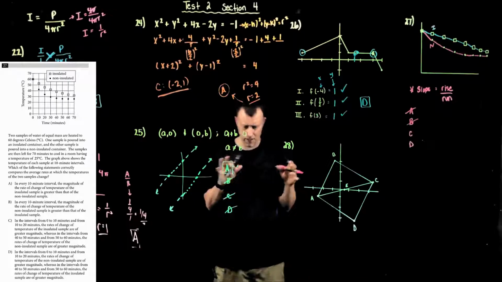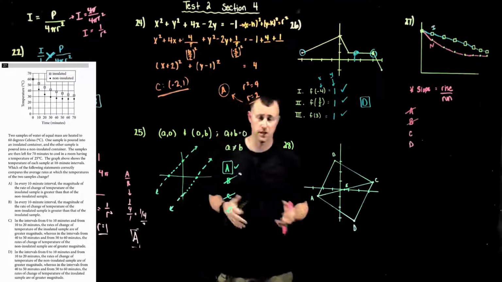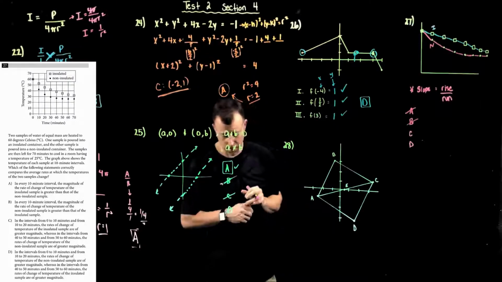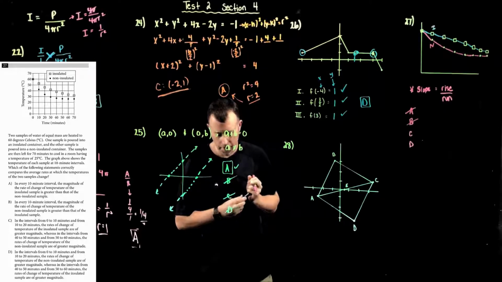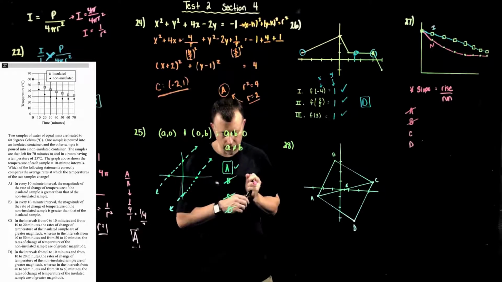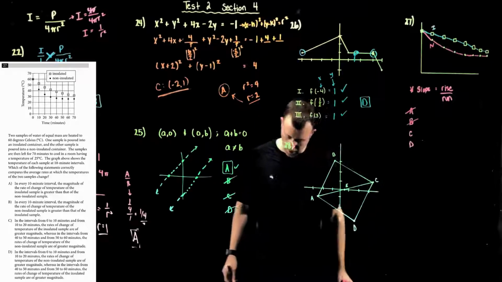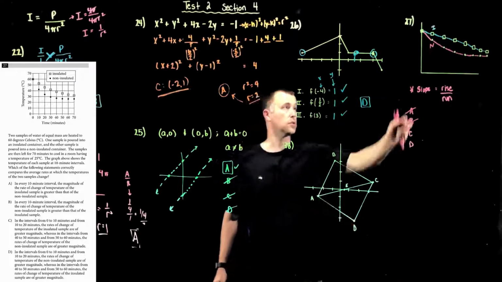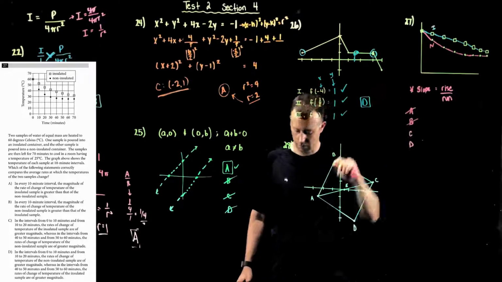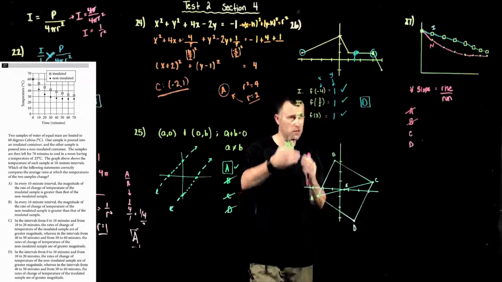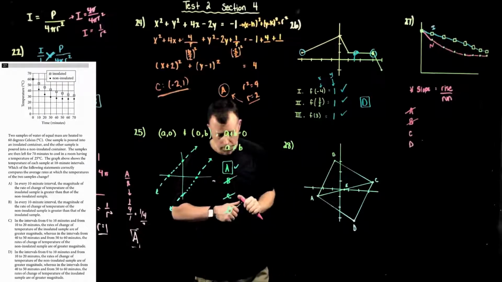And if you look at C and D, let's just jump down to the answer so we can get to it. So the answer is going to be D here, and let's talk about why. So in the intervals from 0 to 10 and from 10 to 20, the rates of change of temperature of the non-insulated, so pink, are of greater magnitude. So at first it's at a greater magnitude, which is true. It's slightly going down a little bit faster.